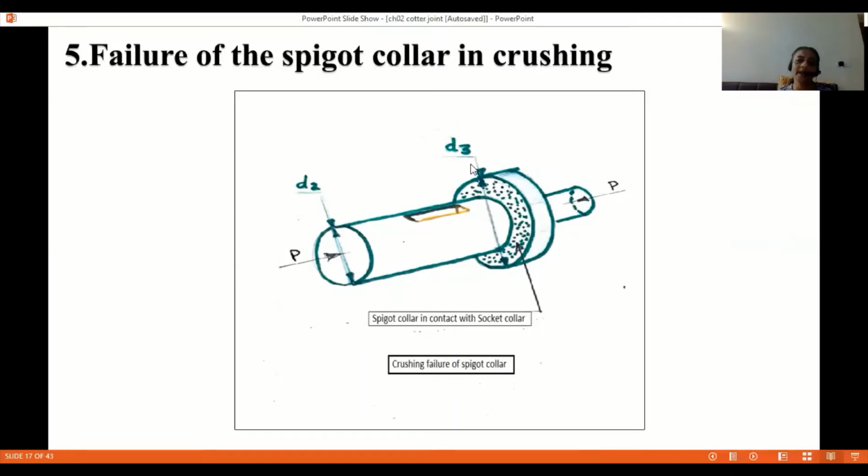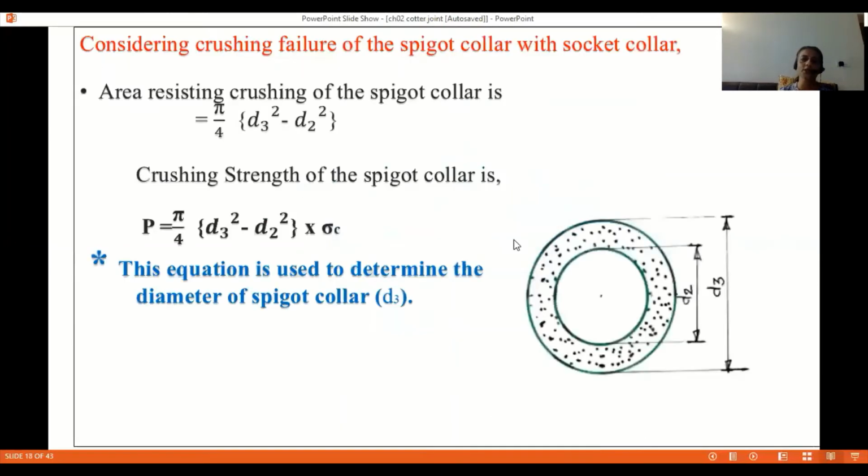From this three-dimensional sketch, we can see that it is the differential area of two circular sections. So from this 2D sketch, we can easily make out that the area resisting failure is pi by 4 d3 square minus pi by 4 d2 square.